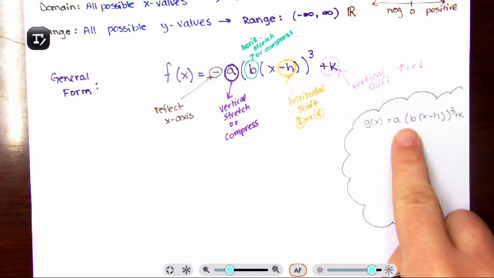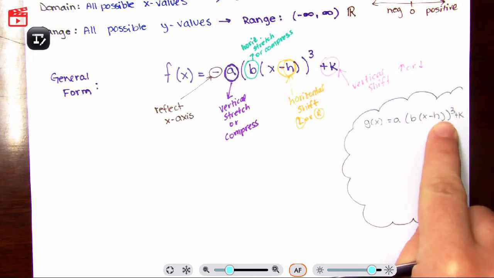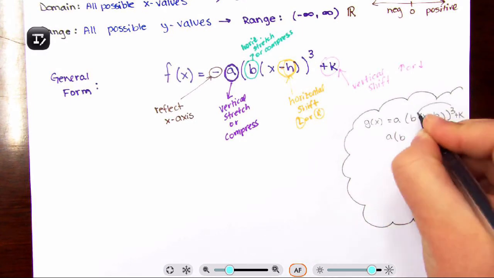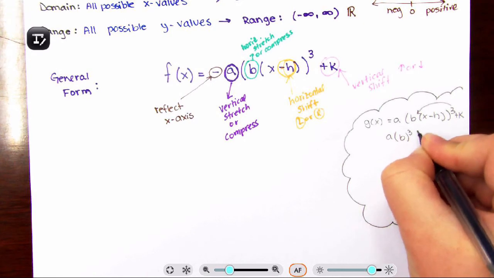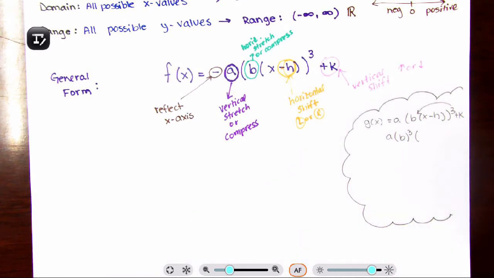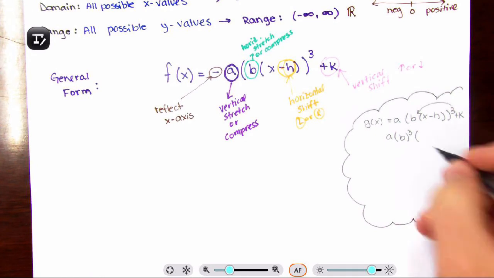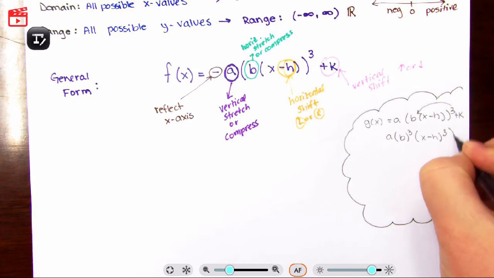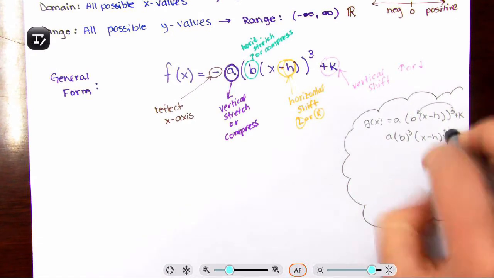Notice how I have this cubed in a bubble. So this means I have a times b cubed, and I have x minus h cubed.